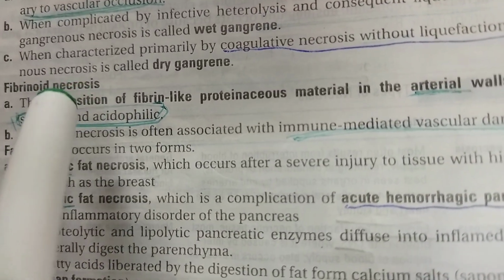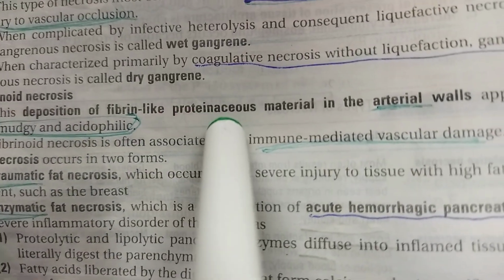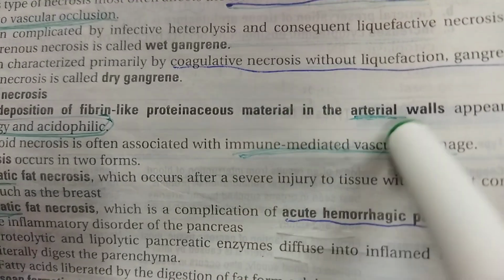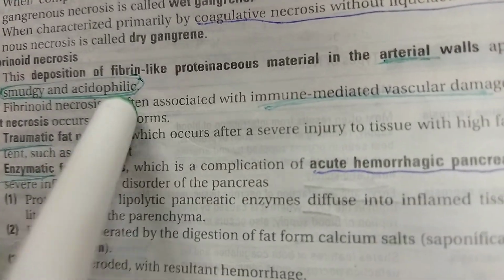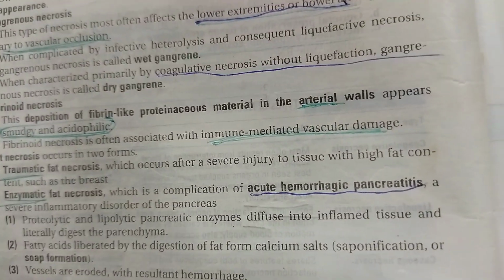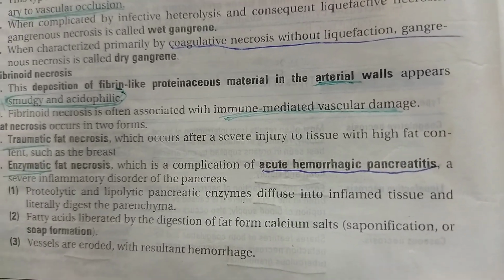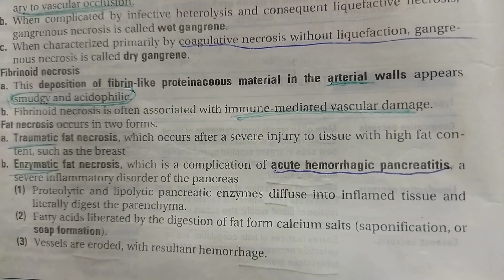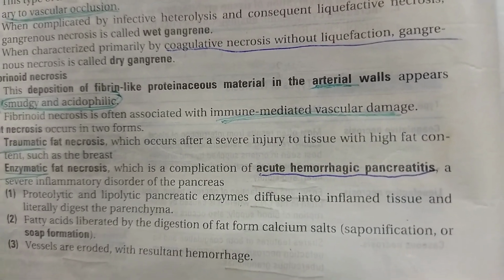In fibrinoid necrosis there is deposition of fibrin-like proteinaceous material in arterial walls, which appears smudgy and acidophilic. Not basophilic. Where have we seen basophilia so far? Only in pycnosis, which is part of irreversible cellular injury and necrosis.